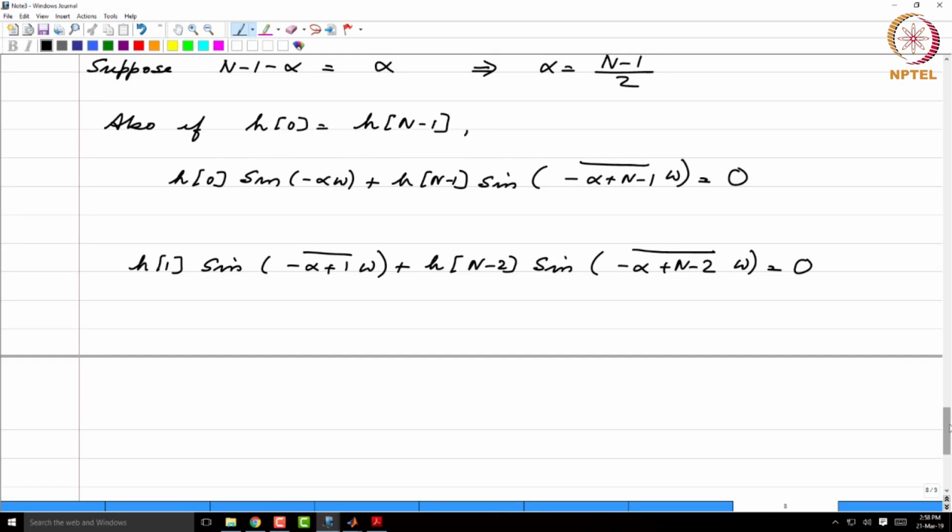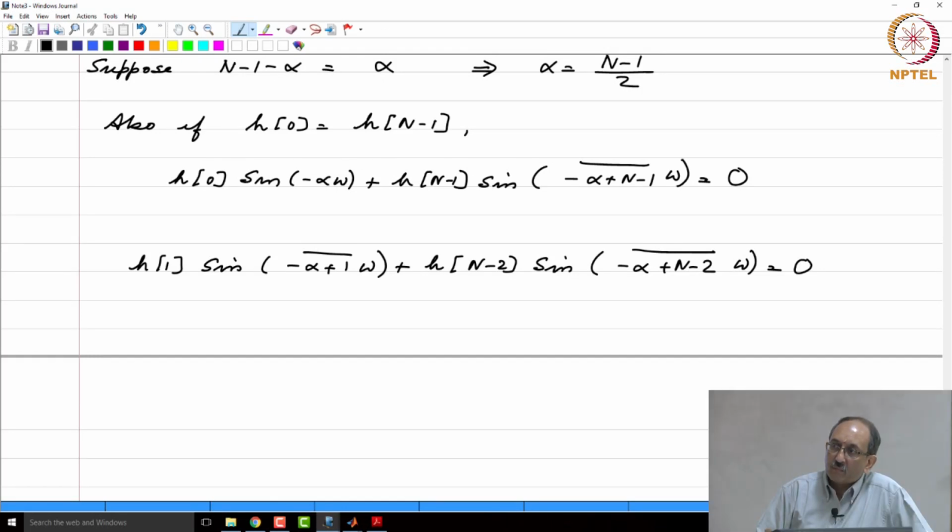Again, you try to follow the same logic. Therefore, you want 1 minus alpha to be the same as minus alpha plus N minus 2. Am I getting this right?